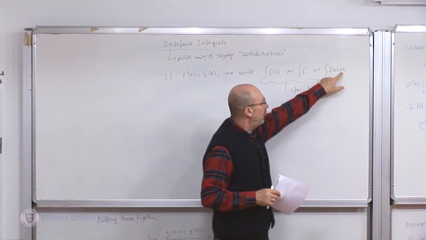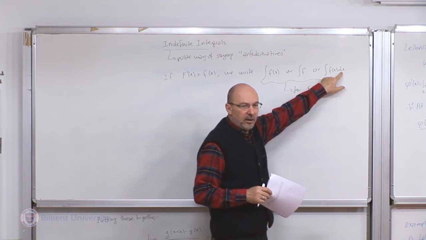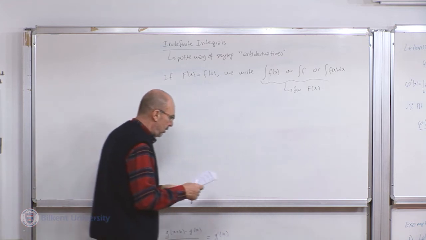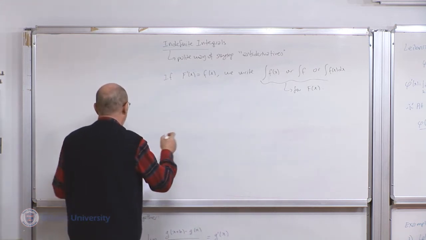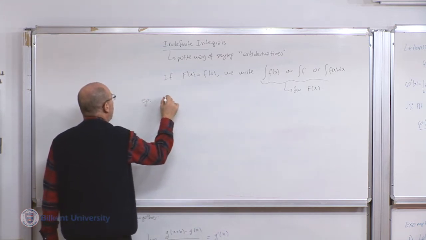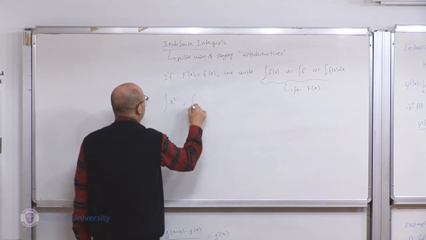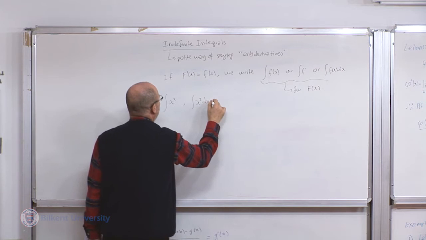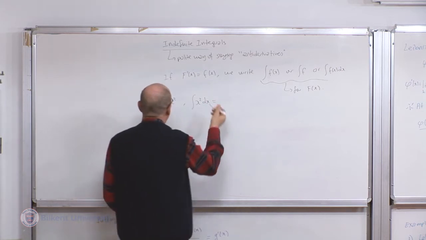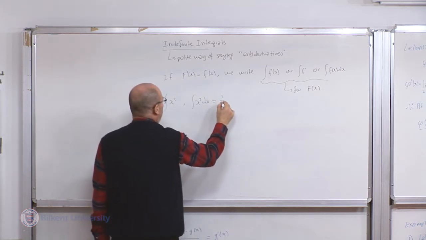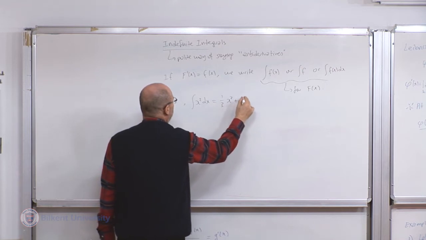And sometimes I want to make sure that I'm mentioning x as a parameter. For example, integral x squared dx is equal to 1 over 3 x cubed plus c.